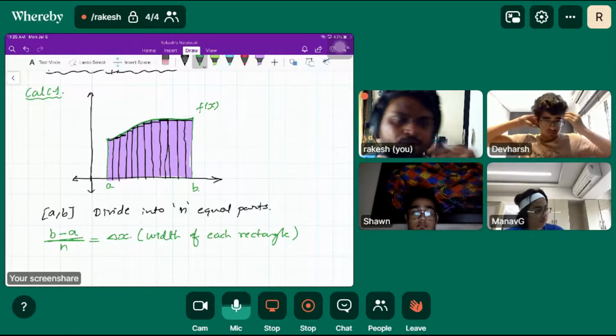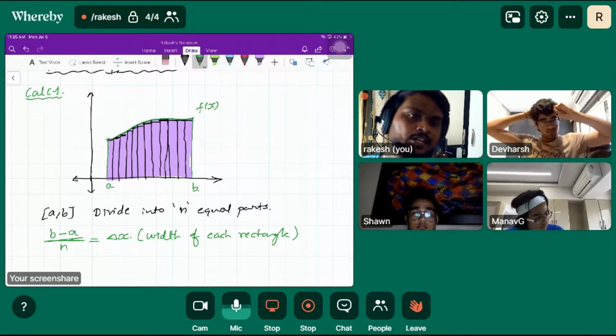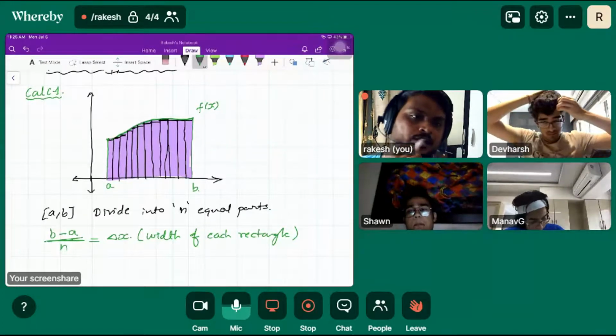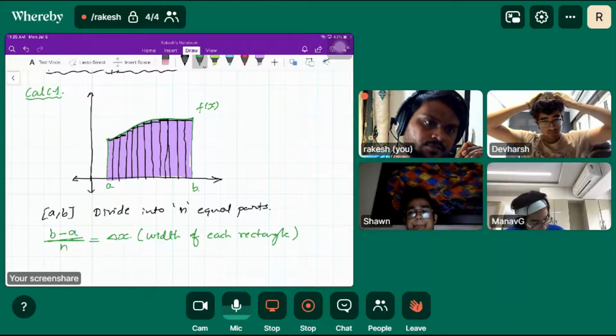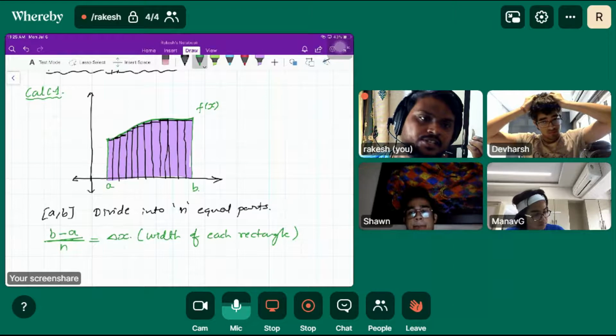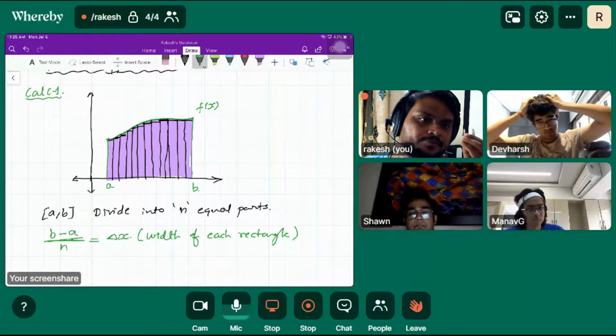So my question is, how do we find the height of each rectangle, by plugging in only right endpoints, left endpoints, or middle values?